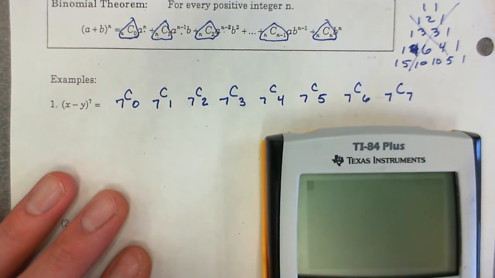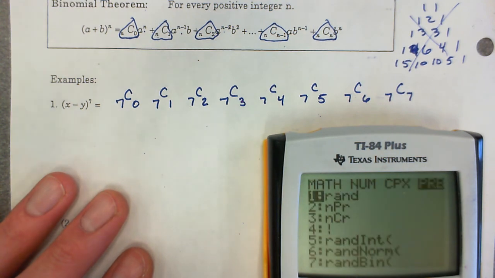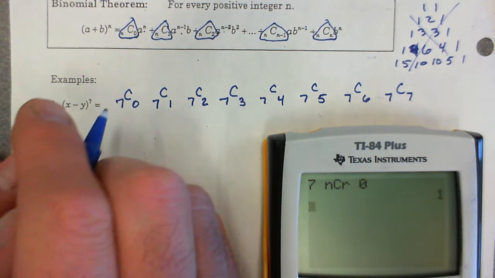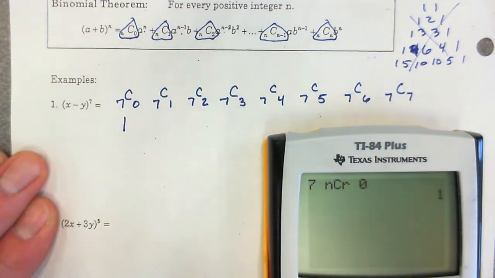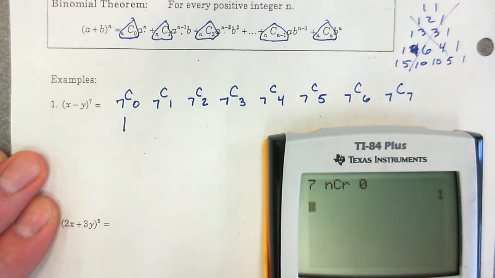So let's see how to do that. On your calculator, if you put 7, then go to Math, go over to Probability, and option 3 is combinations, and we do 7 combinations of 0, well, that's a 1. We already knew that was going to be a 1 because our rows always start with a 1.